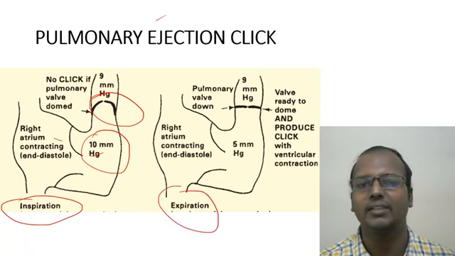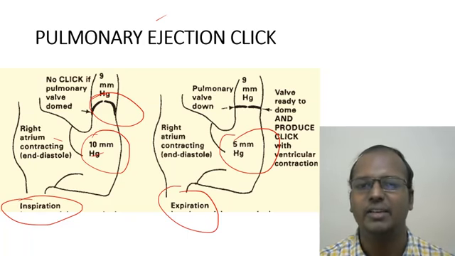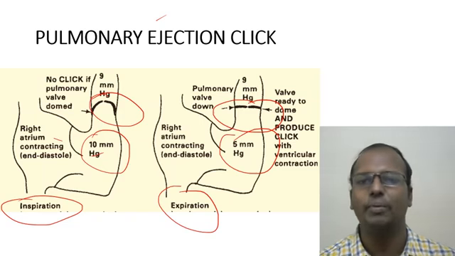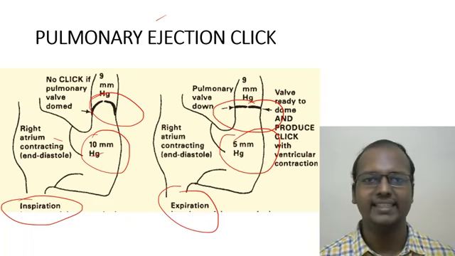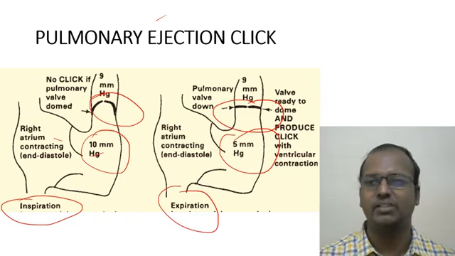Whereas during expiration, there is less blood in the right atrium and right ventricle, so the right ventricular pressure is less and the valve will be in normal position. It will dome upwards and then open, and that will produce a click. That is the reason why the pulmonary ejection click is not increasing with inspiration. Already the valve is in doming position, so opening will not produce much sound.